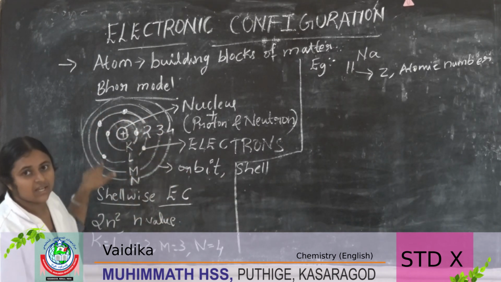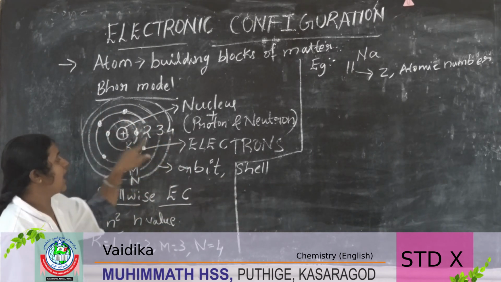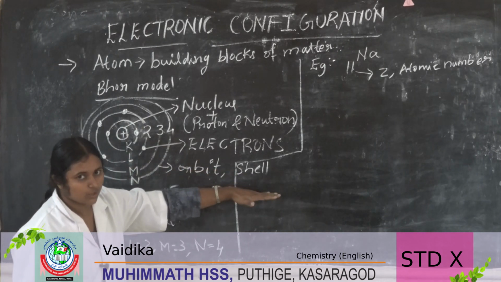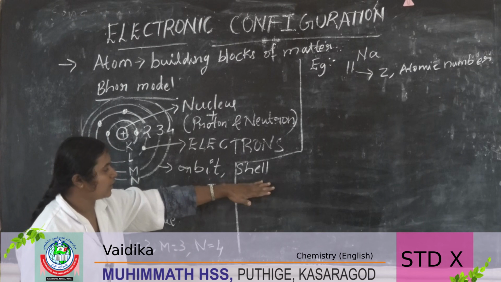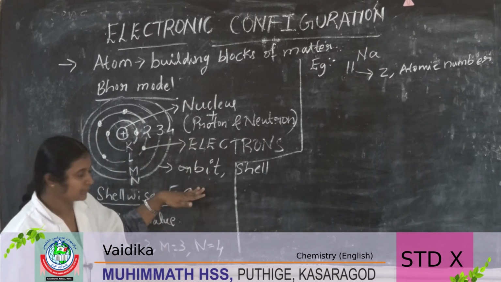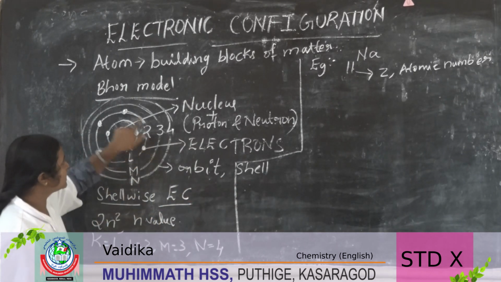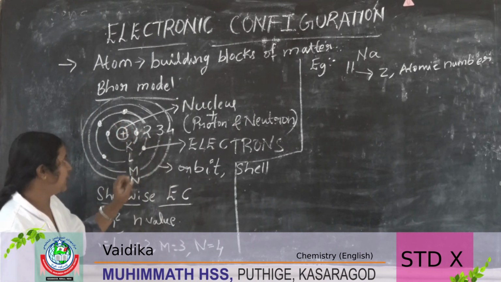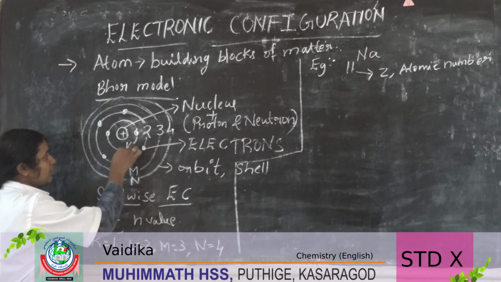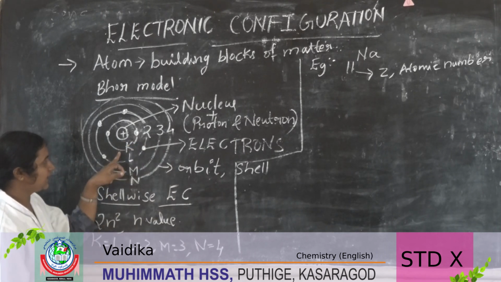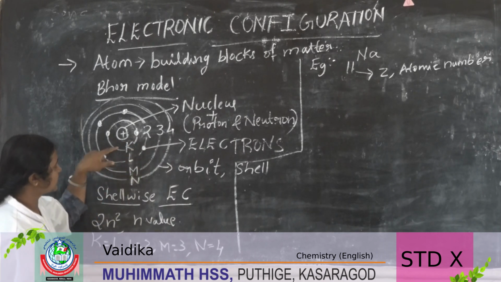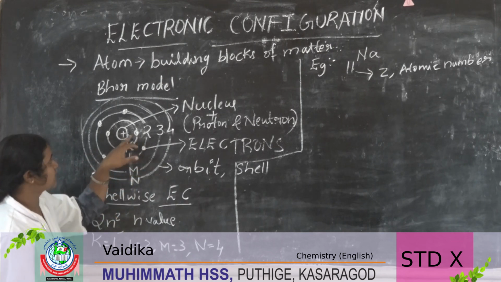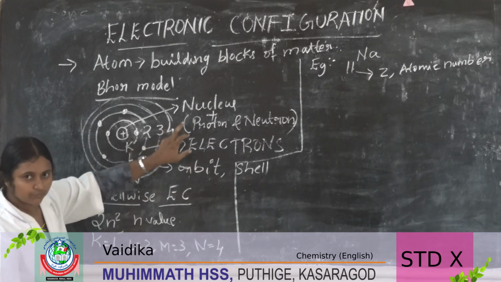The electrons are revolving around the nucleus in these paths. And these main energy levels are named in Bohr's theory. The names are given as capital English letters K, L, M, N, or in numbers 1, 2, 3, 4.